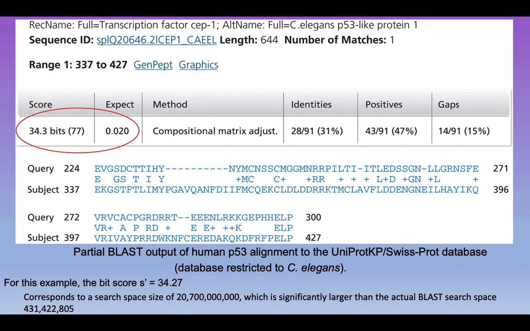So that would tell us that what we found was not something that we just found at random. That's the level of confidence. Now, if I see something that has an even higher bit score, that means it's an even better match, and the search space I would have to explore would be even larger than this. And that might mean that it's even less random that I saw this result.